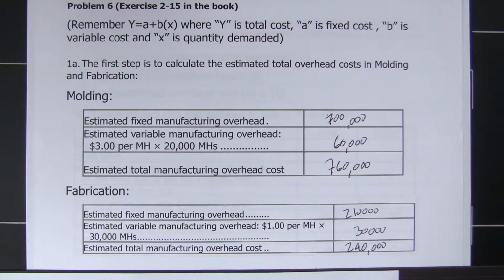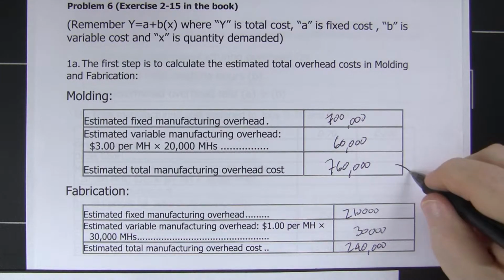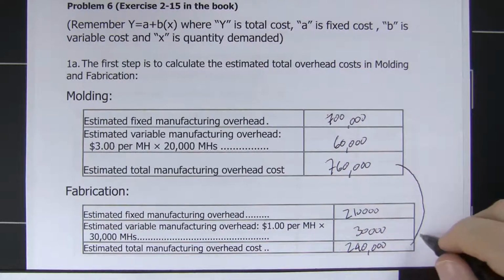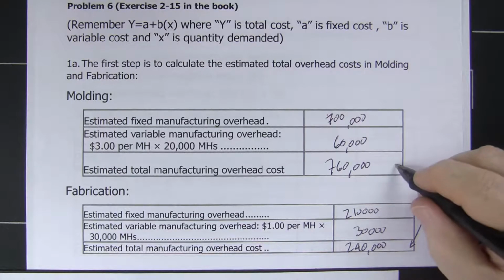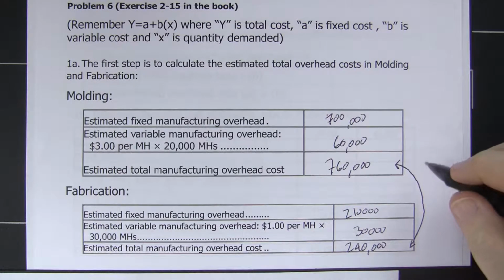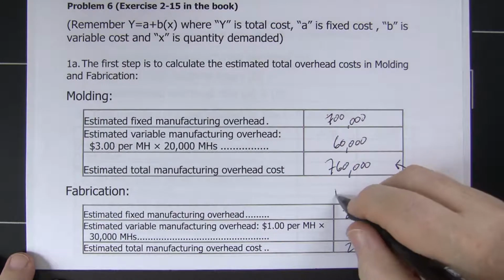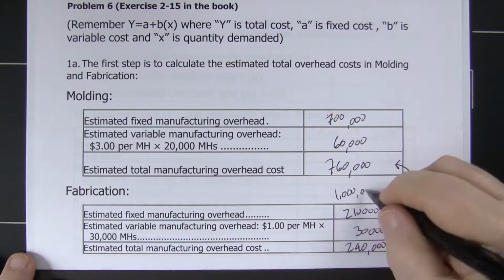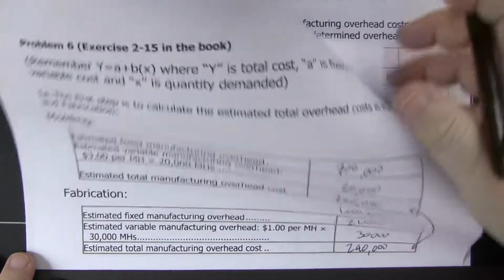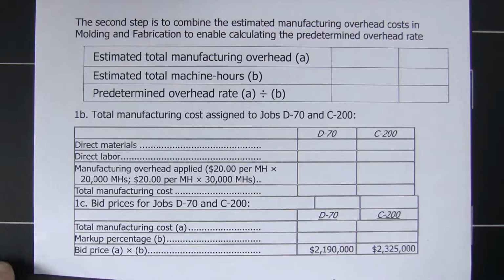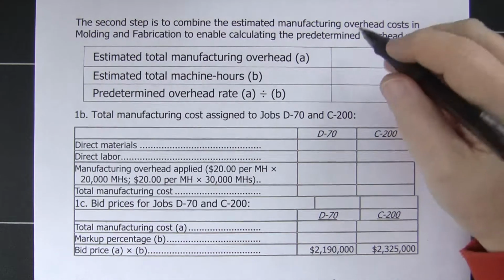So now, because we're using a plant-wide rate, we need to combine those to get the total overhead, and when we do, we come up with $1 million. So our total estimated overhead is the $1 million.